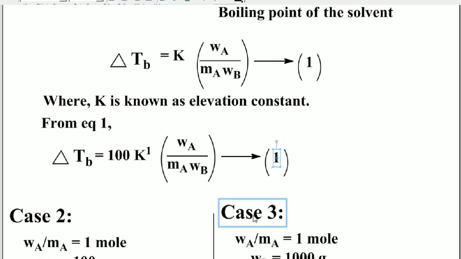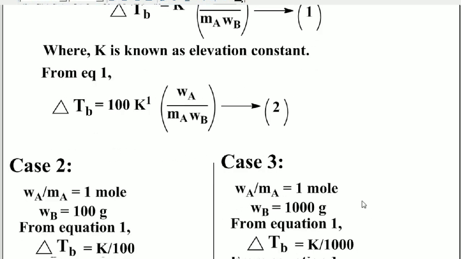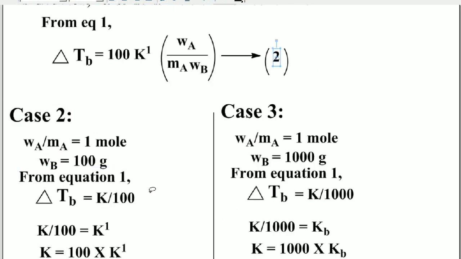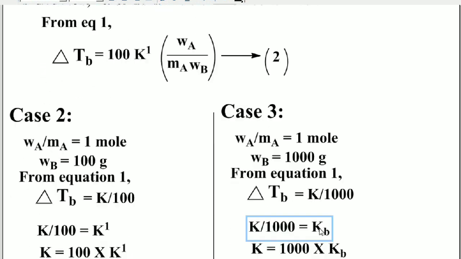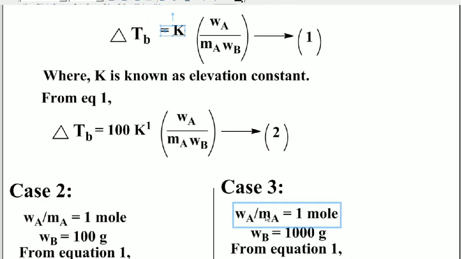Let it be equation number 2. Similarly, from case 3, in place of K we can write 1000 into Kb.